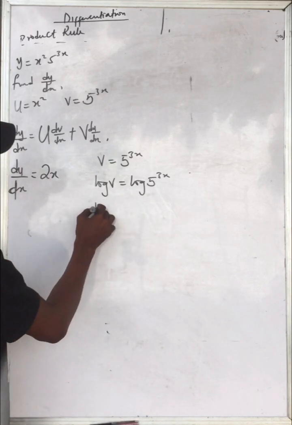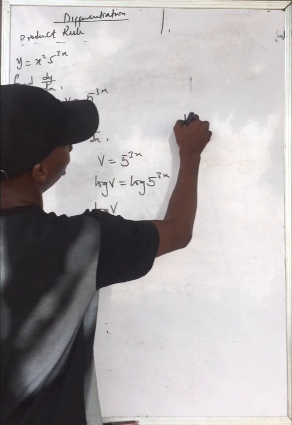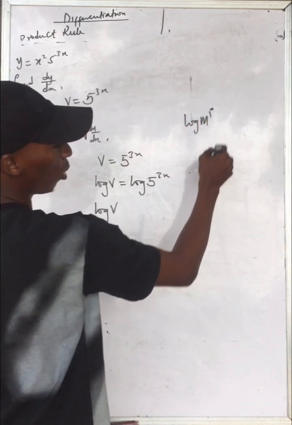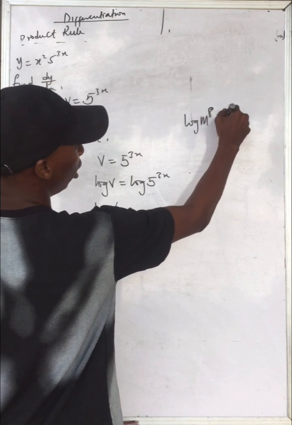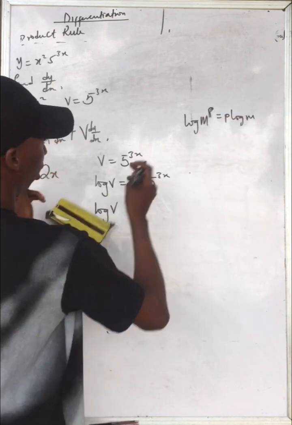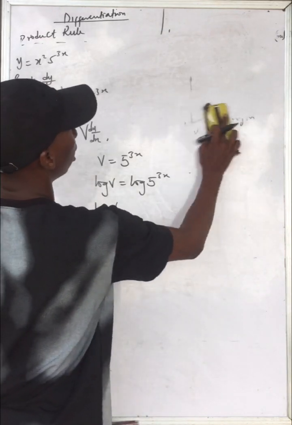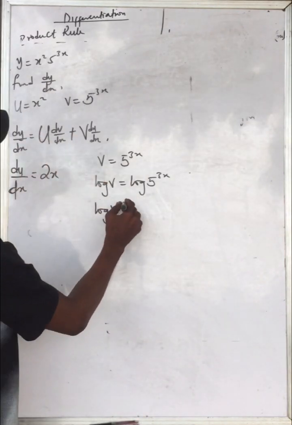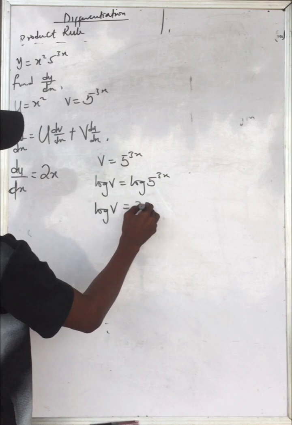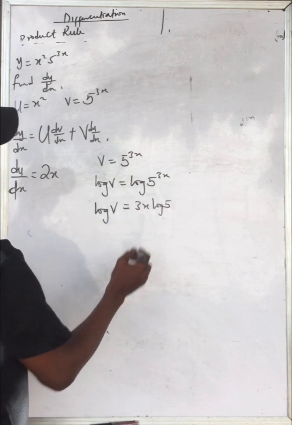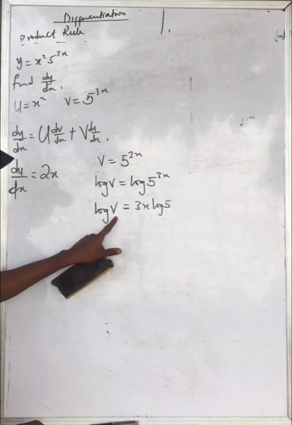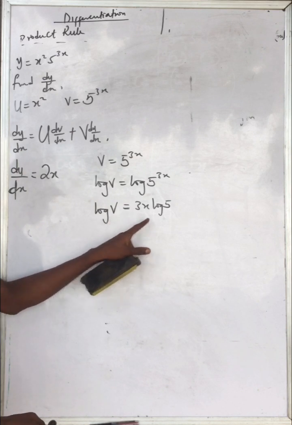So introducing that, remember the law. There's a law that says the log of m raised to power p, the power law, is equal to p log m. Yes, I believe we still remember that. So introducing that here, we have 3x log of 5, isn't it? Now let us differentiate v with respect to x.